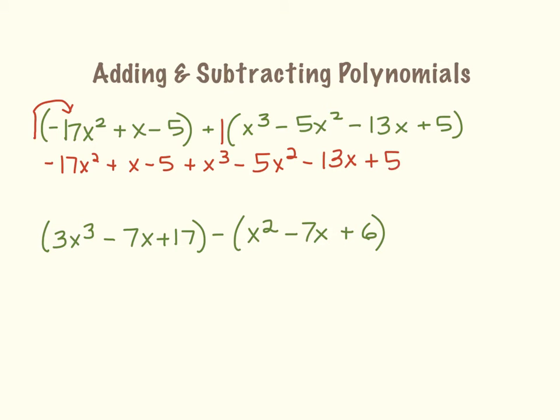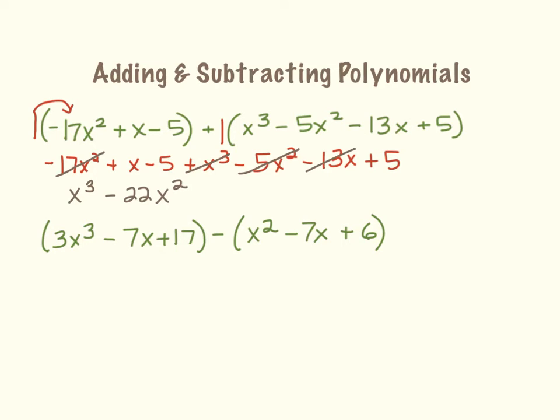And now I just start with the highest degree, and I combine like terms. Well, my highest degree ends up being right here in the middle. So my first term will be x cubed. I now have negative 17 minus 5x squared, so I'm going to have negative 22x squared.